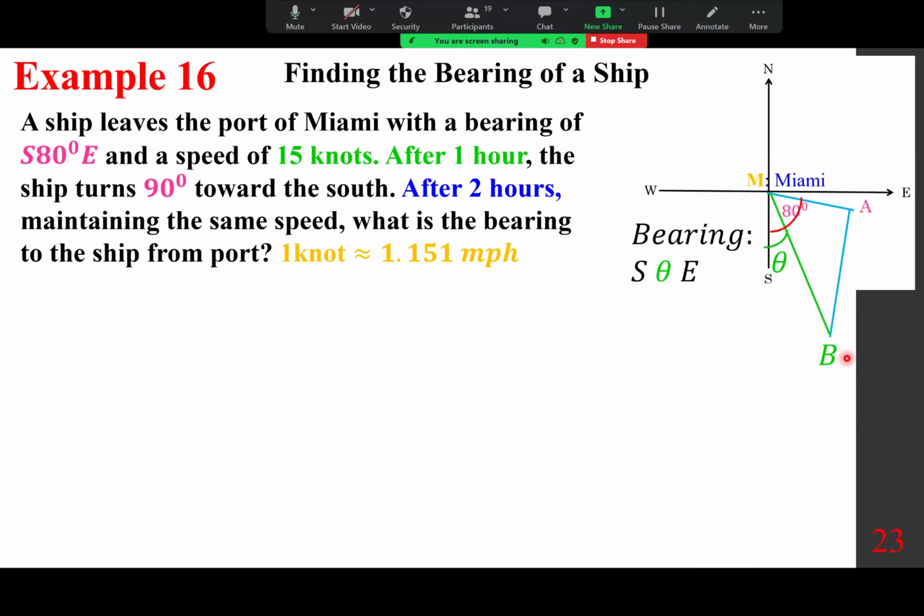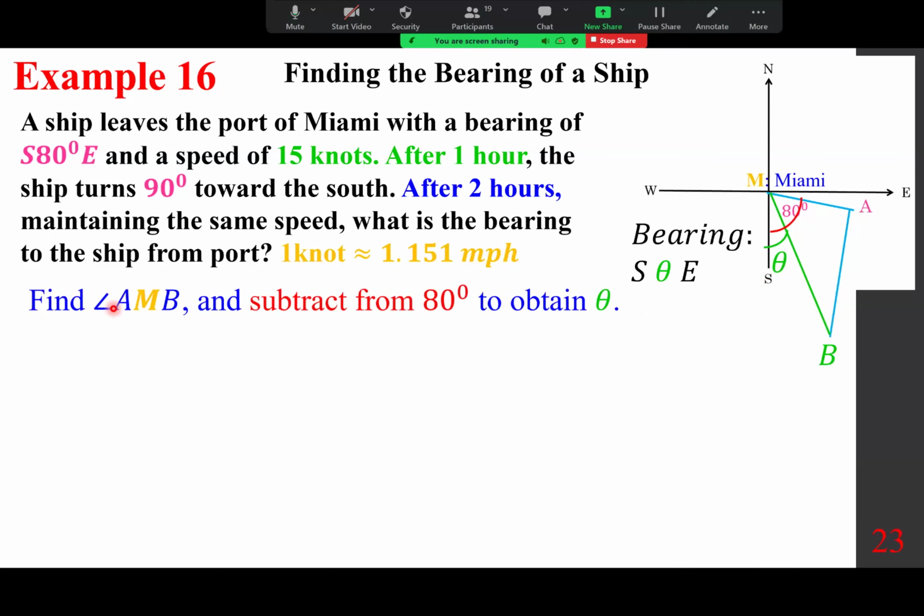Now, notice the angle AMB. If we find it, we can subtract it from AD to obtain theta. In other words, theta is 80 degrees minus this angle.